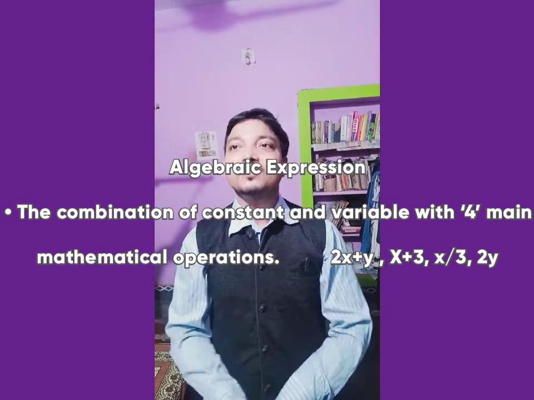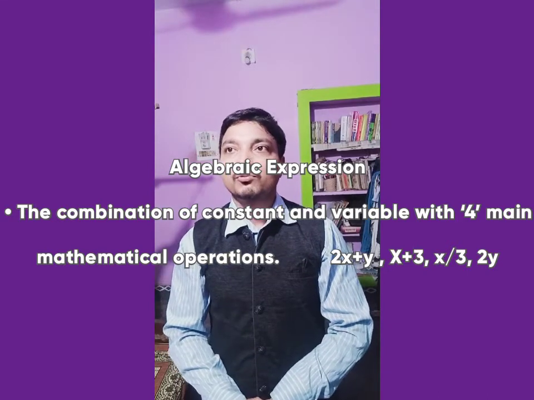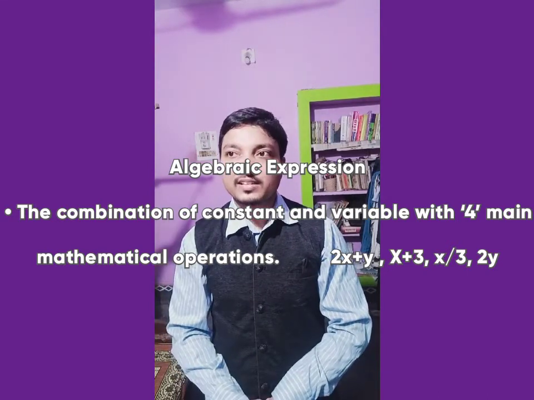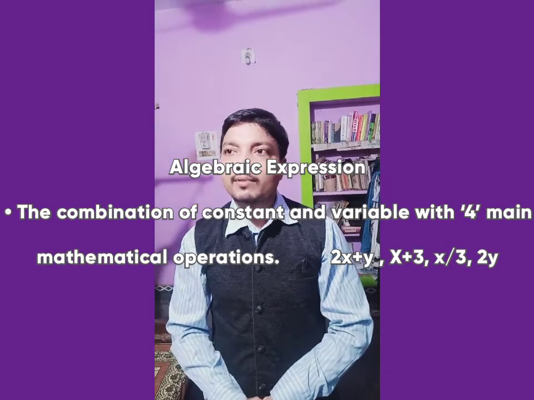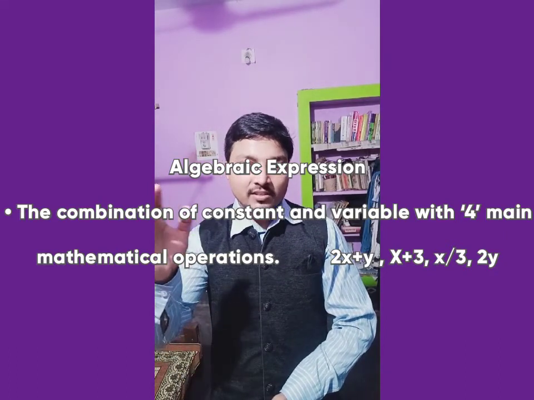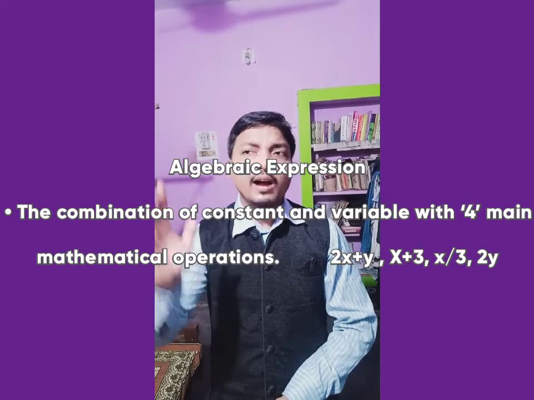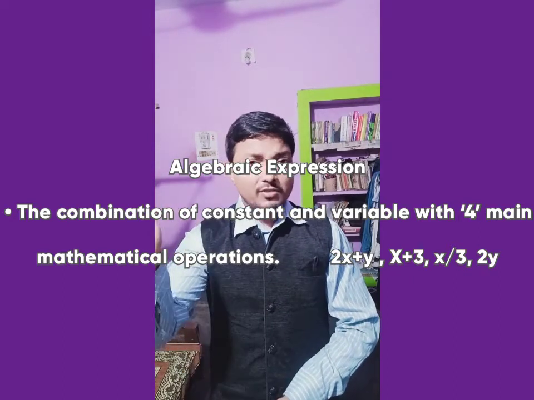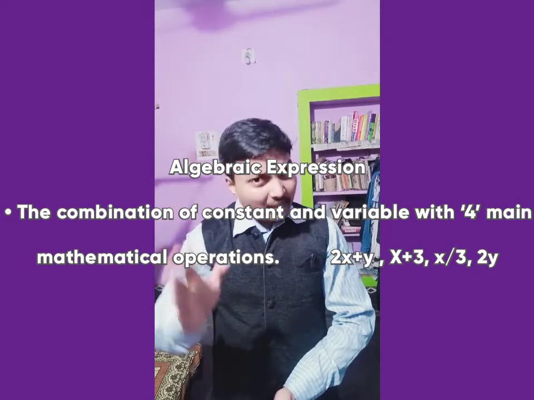Understood or not understood? So I want to show a few examples of algebraic expressions. The first algebraic expression is 2x plus y. Here it is 2 into x, which means a multiplication operation is applied, and also addition is applied.